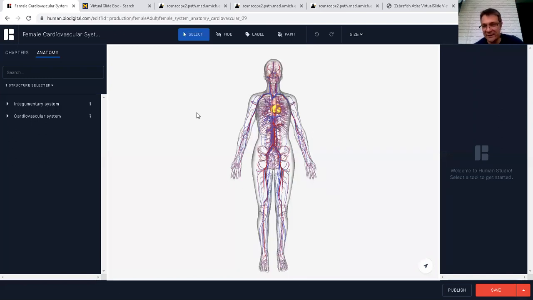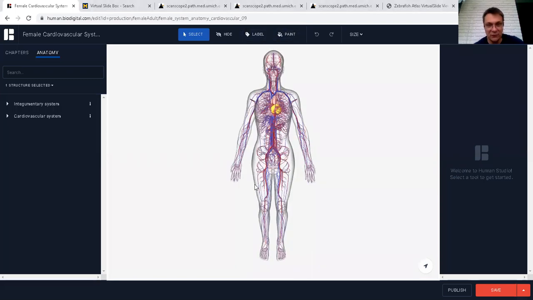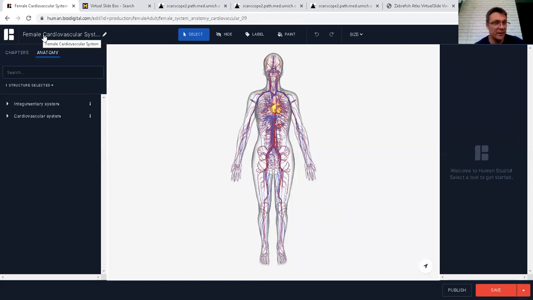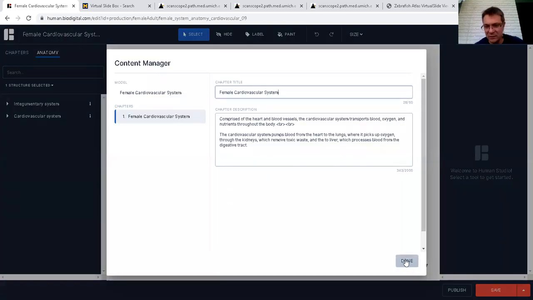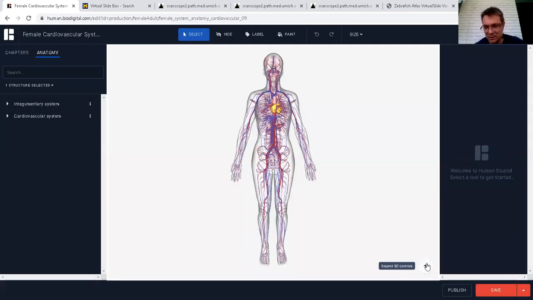If you didn't try that before, I strongly suggest you to use this application because it's quite good for understanding, or if you forgot something about the anatomy, you can work with that pretty well. Okay, I just return to the female. No, I don't need that.